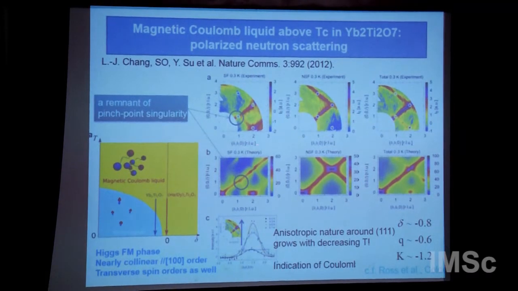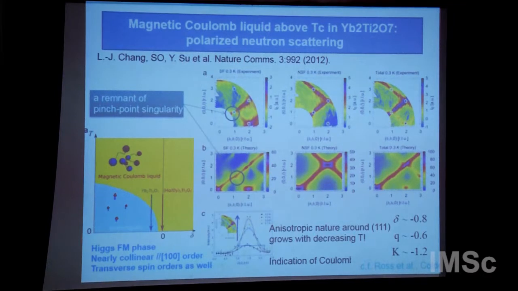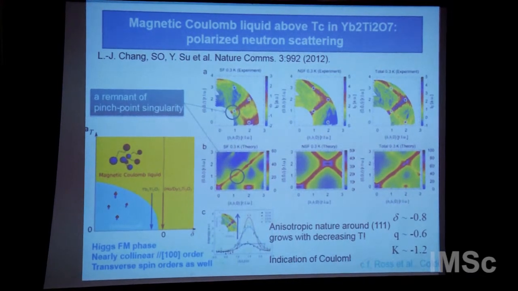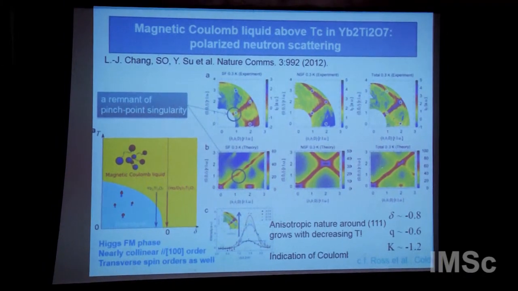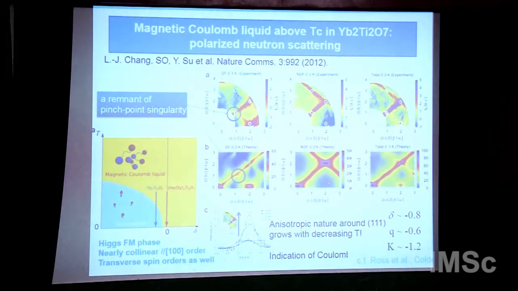And here we provide a comparison between the experiment and random phase approximation results. I didn't perform the gauge mean field calculation for this problem because it was provided by Ross et al. But if you look at this comparison, it's already kind of satisfactory.